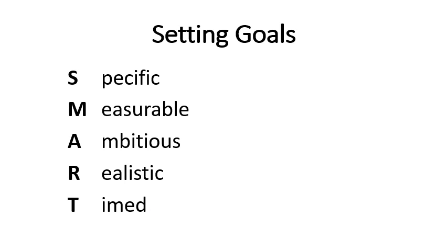The acronym SMART is used to summarize common advice for setting effective goals. Effective goals should be specific, measurable, ambitious but realistic, and timed. Now, how can we apply this to setting goals in fencing?